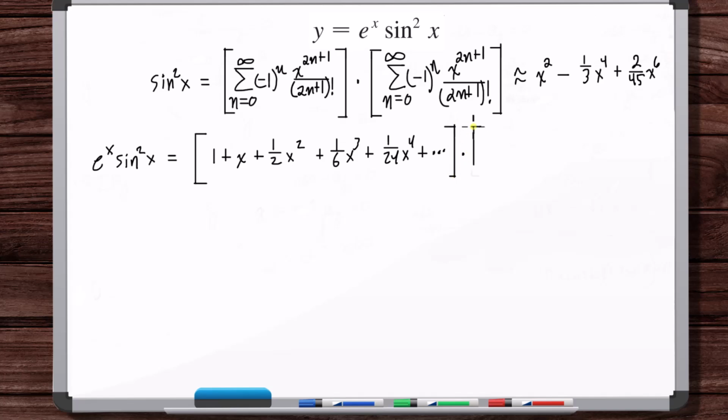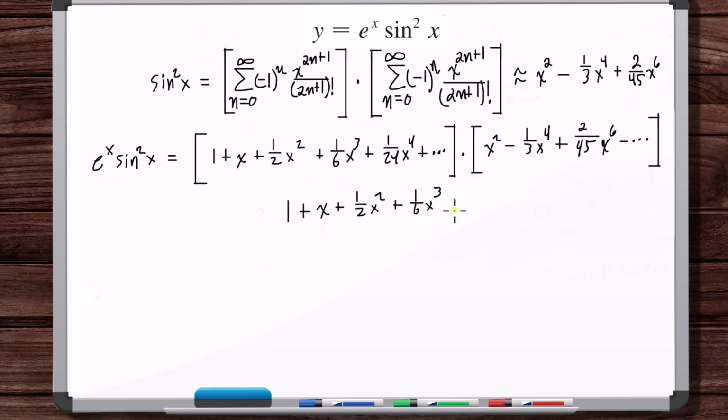Okay, now we're multiplying this times x squared minus 1/3 x to the 4th plus 2 over 45 x to the 6th. And this would go on. So we've got 1 plus x plus 1/2 x squared plus 1/6 x cubed, and that should be good.